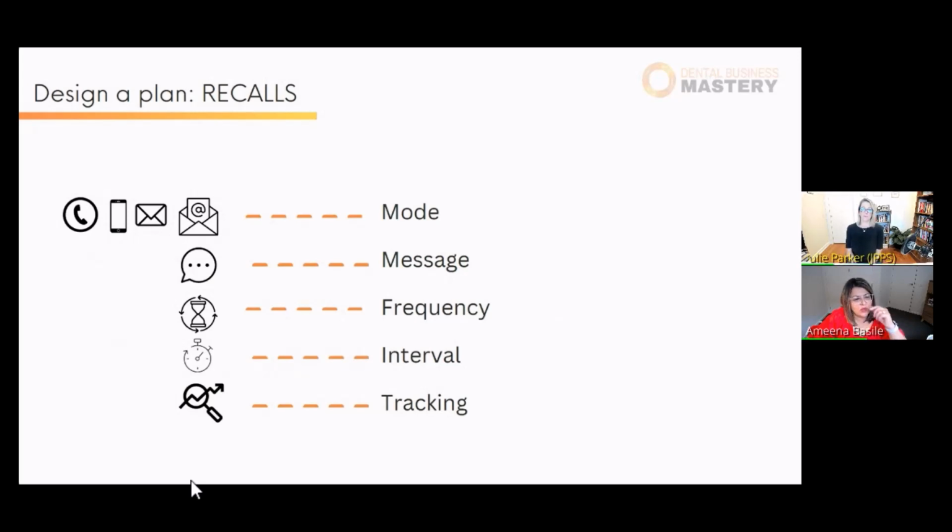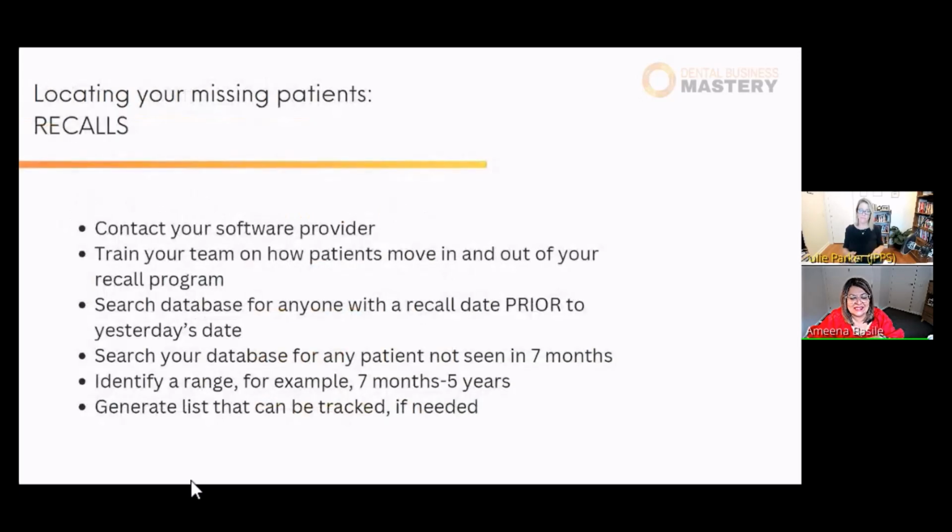So with recall, one thing we didn't mention, if I'm correct, is patients who don't have a recall date entered at all in their file. So sometimes we have a setting in our software that when the patient leaves, it'll just default, or on an 012, for example, or a 114, it'll default the recall date to 6 months later.